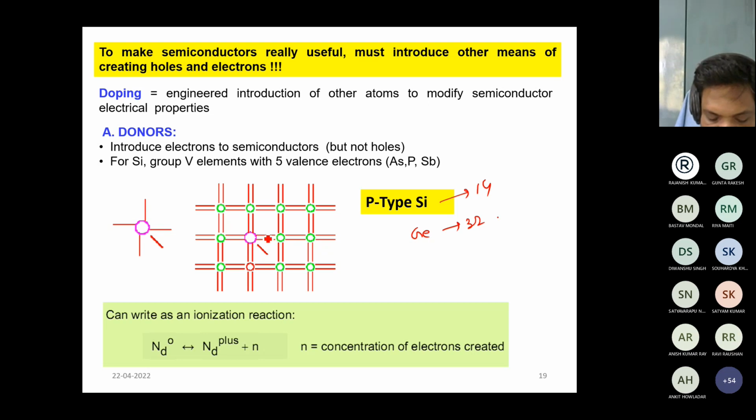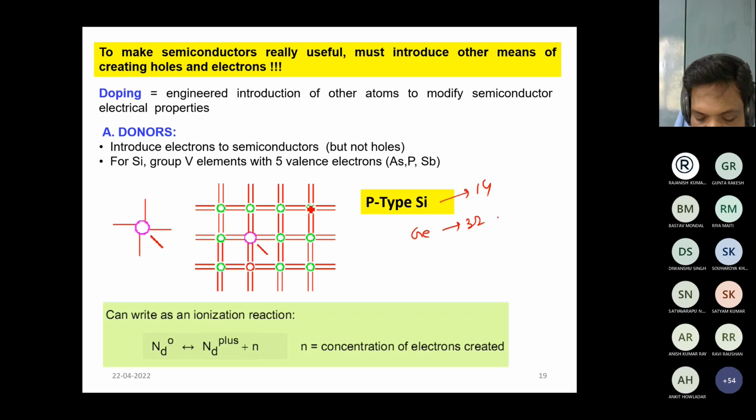And if we see here, for intrinsic silicon or germanium, as there is no free electron, it provides conductivity or current only due to the generation of carriers by temperature, that is thermal generation of carriers at finite temperature, or due to the application of an external force.